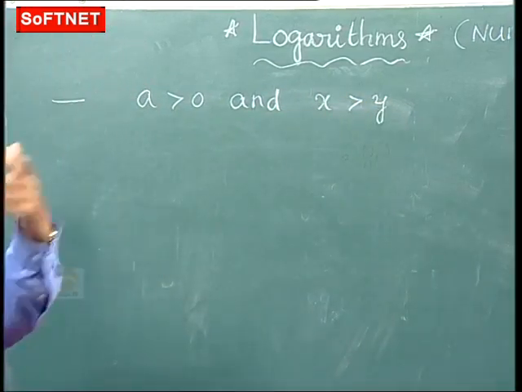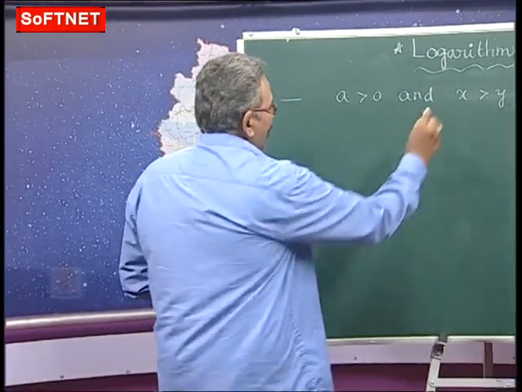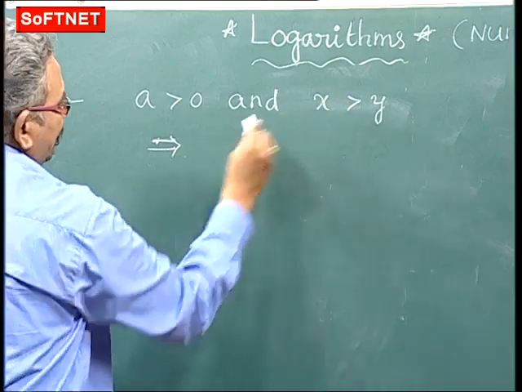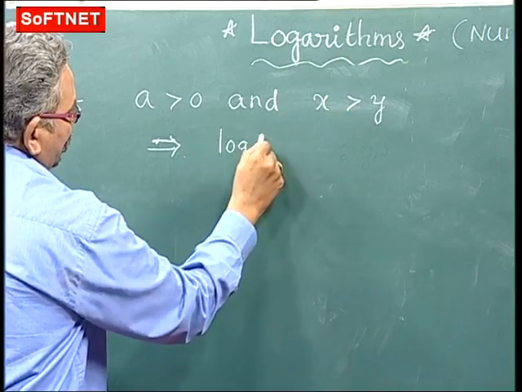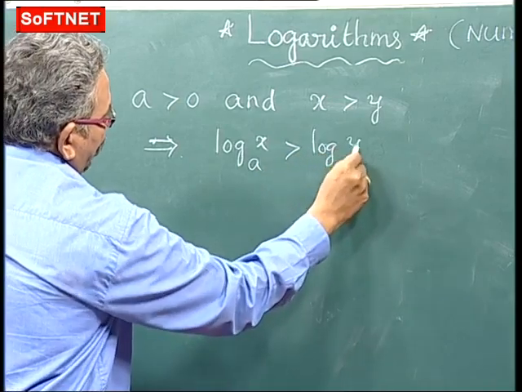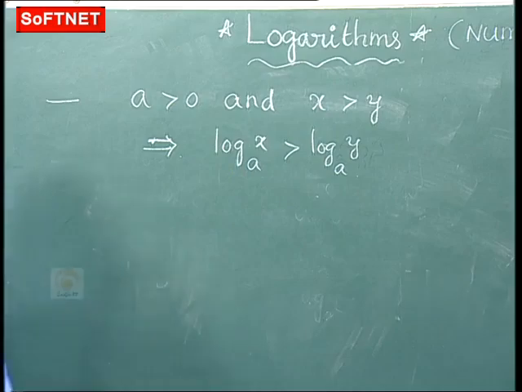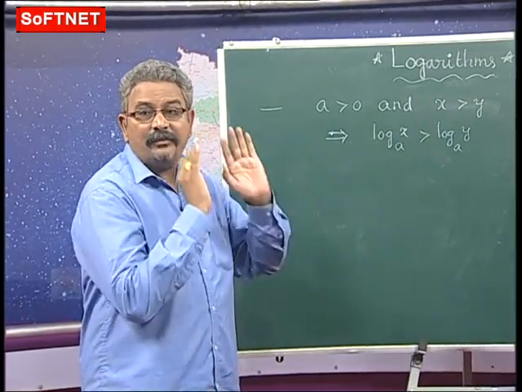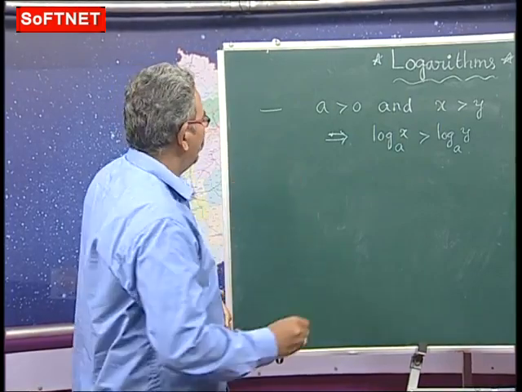If you apply the logarithm on both sides, what will happen? We get log x to the base a greater than log y to the base a. Here the inequality symbol does not change. It remains as it is.